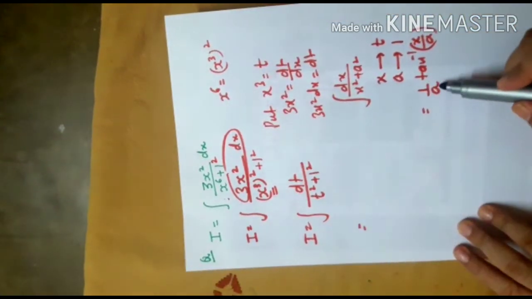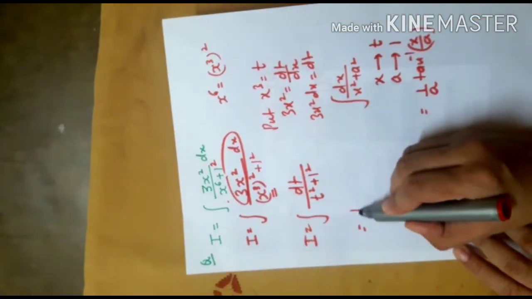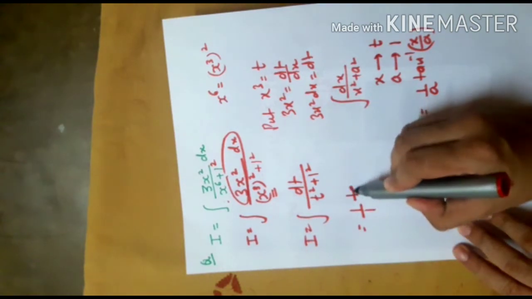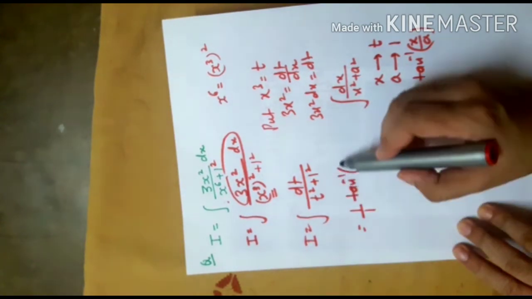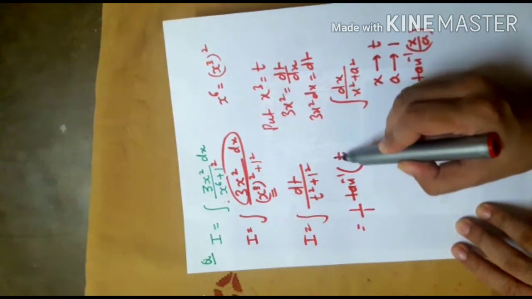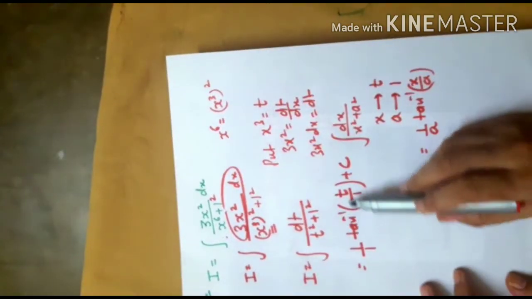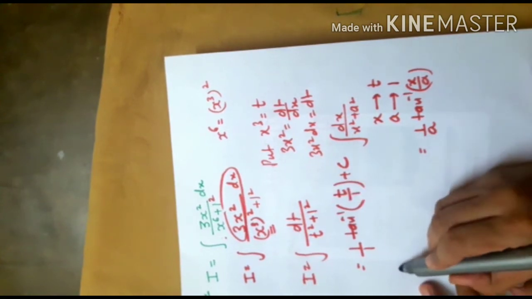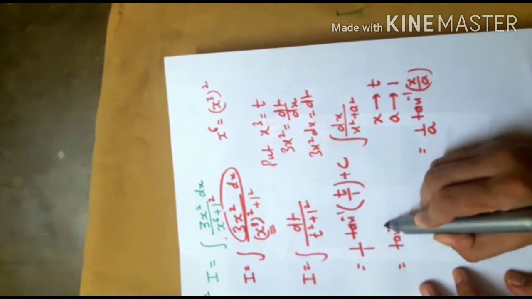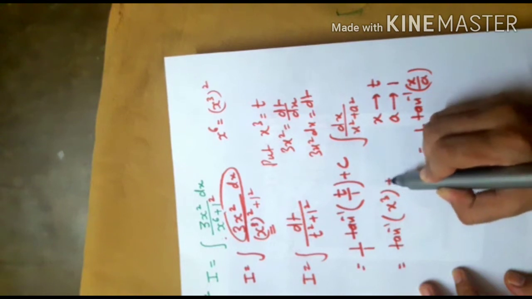So 1 by a is 1. So I'll get 1 over 1 tan inverse x by a, role of x is being played by t by 1 plus c. Now replace t with its original value. So I'll get tan inverse x cube plus c.